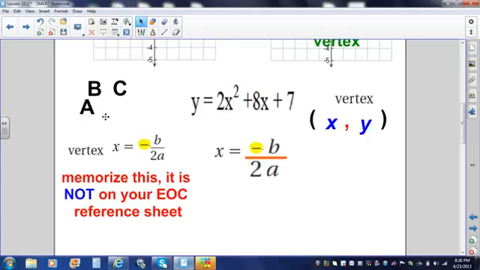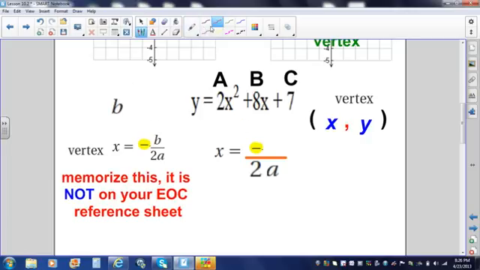So we said the first three letters of the alphabet are A, B, C. So 2 is going to be the letter A, 8 is going to be B, and 7 is going to be C. So let's substitute, plug, and chug. We're going to put 8 in for the variable B, and we're going to put 2 in for the letter A.